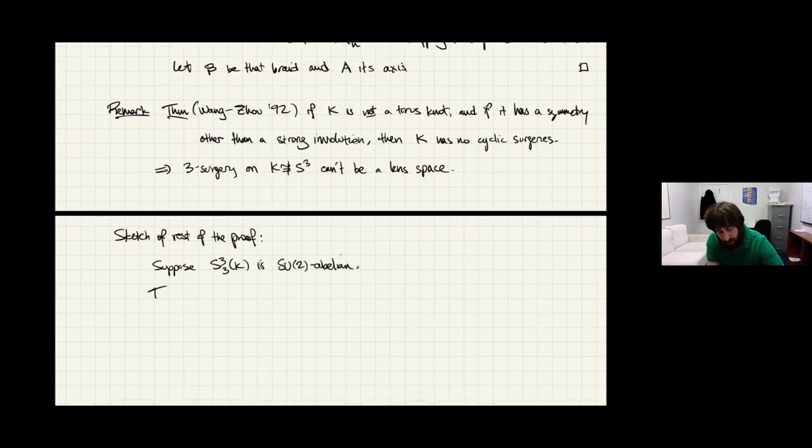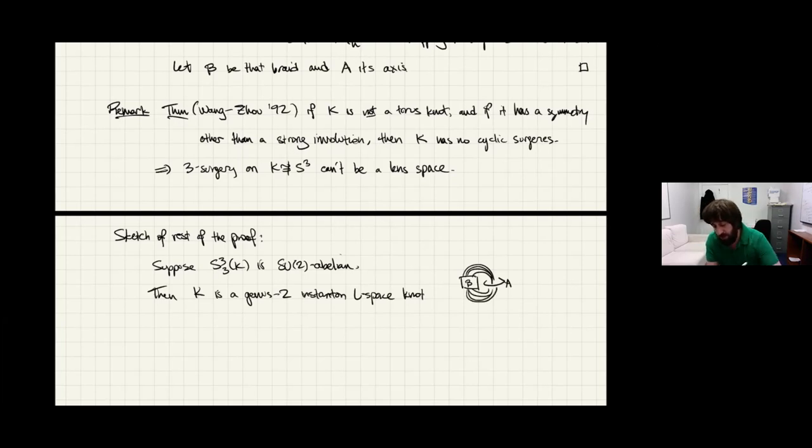Okay, then K is a genus 2 instanton L space knot.